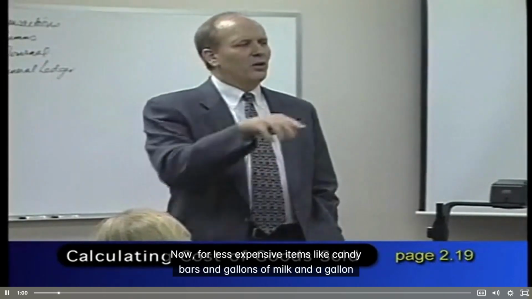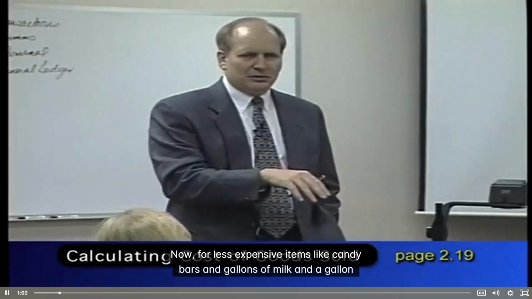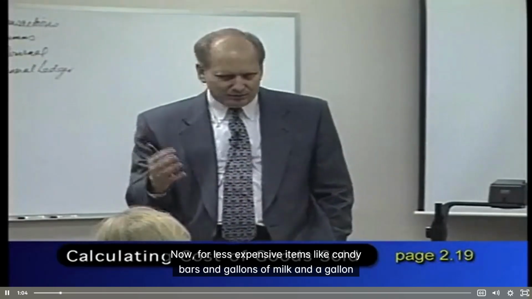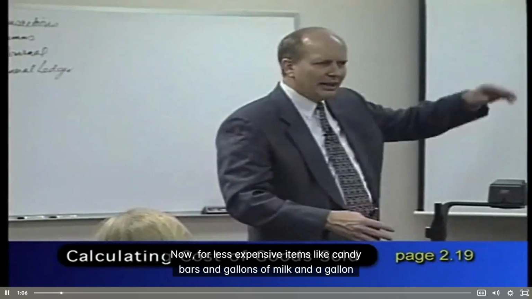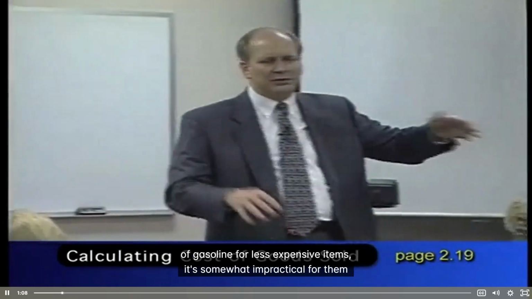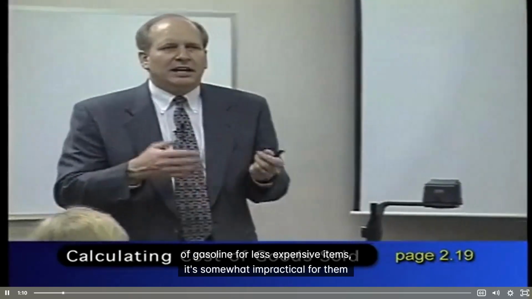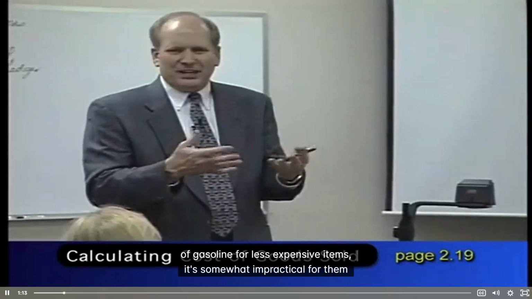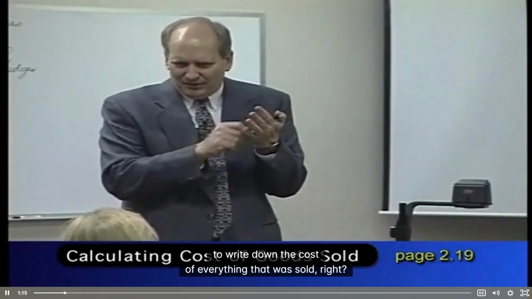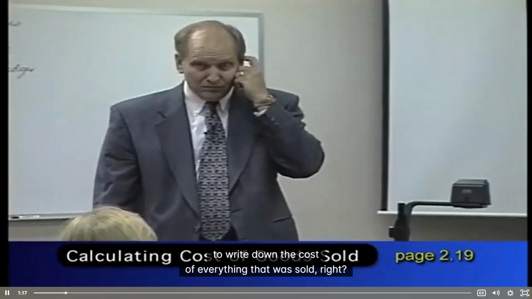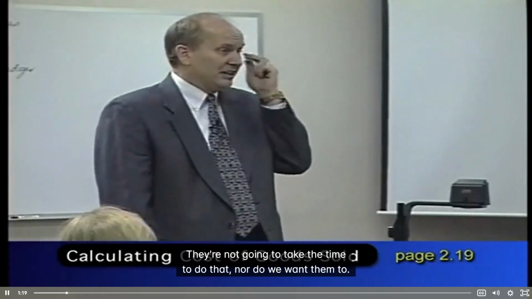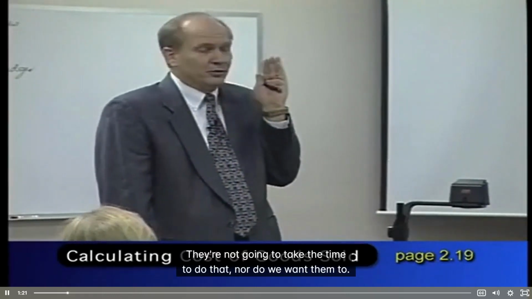Now, for less expensive items, like candy bars and gallons of milk and a gallon of gasoline, it's somewhat impractical for them to write down the cost of everything that was sold, right? They're not going to take the time to do that, and nor do we want them to.